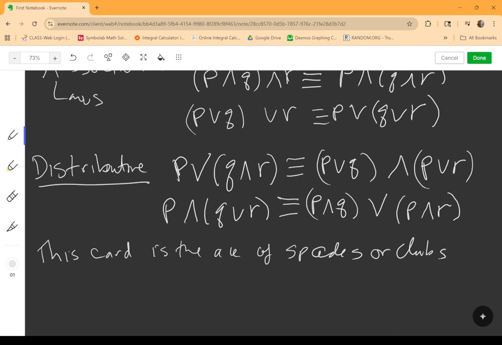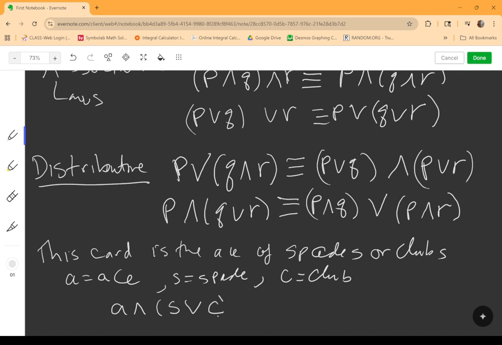Letting A be the ace, S be the spade, and C be the club, we have A and S or C. That's logically equivalent to saying it's an ace and a spade, or it's an ace and a club.